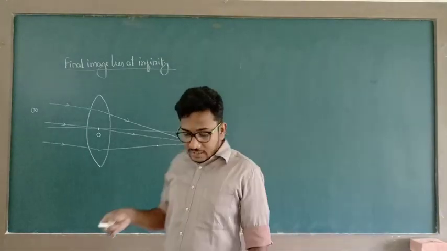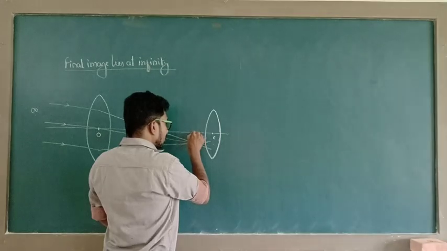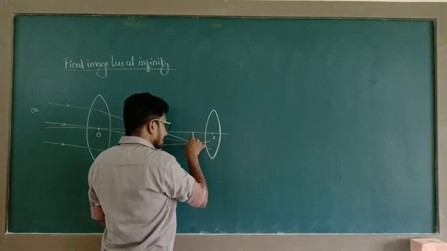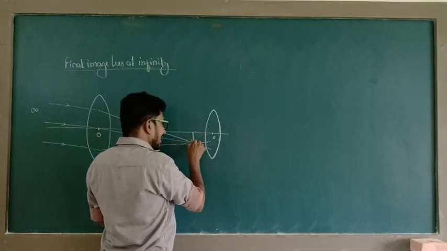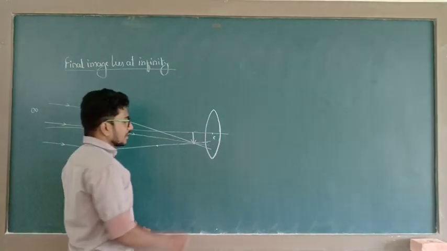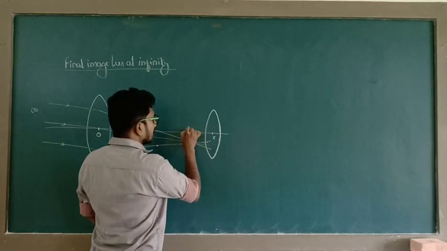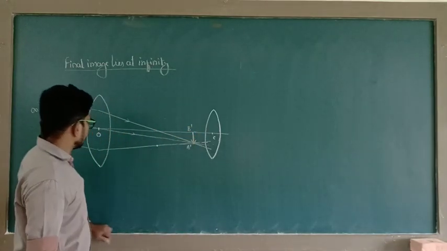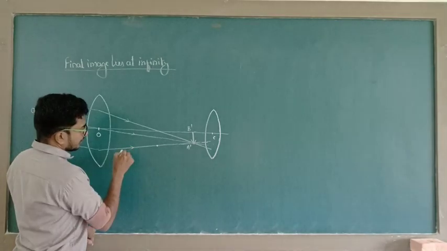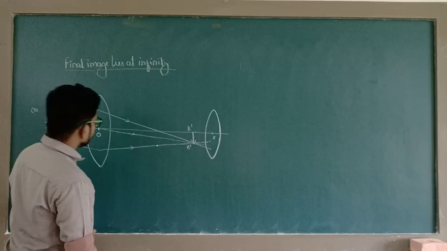So again here the image lies at the principal focus of the objective, but this image is greatly diminished. Let us say A dash B dash, direction of refracted light.